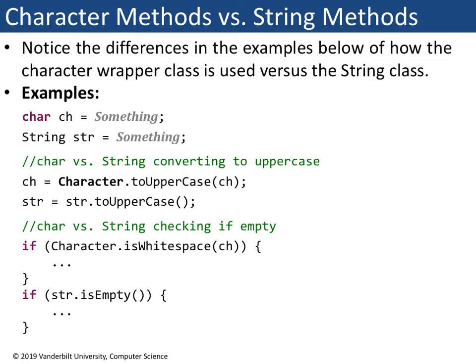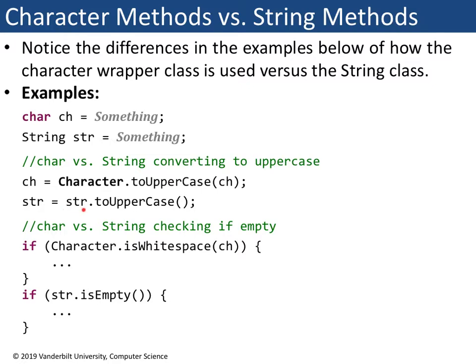In the following statement, we have the string variable which we are going to dereference. So we have a memory location, and we say Java, go to that memory location and use the toUpperCase method built into it. Well, we don't have to give it a parameter because that toUpperCase already is aware of the data which is stored in this particular string.